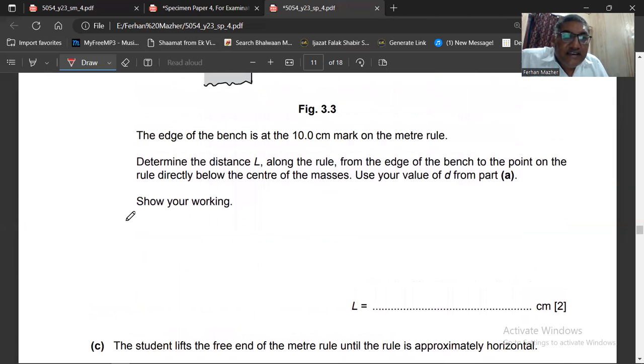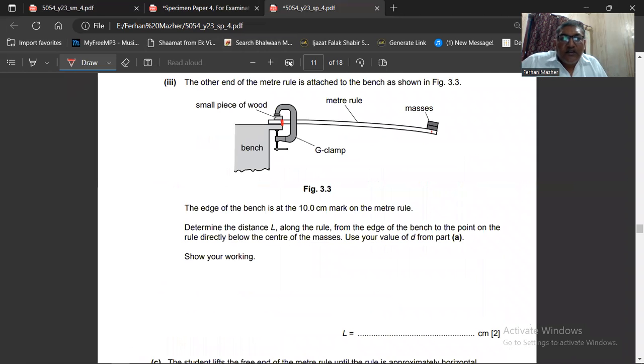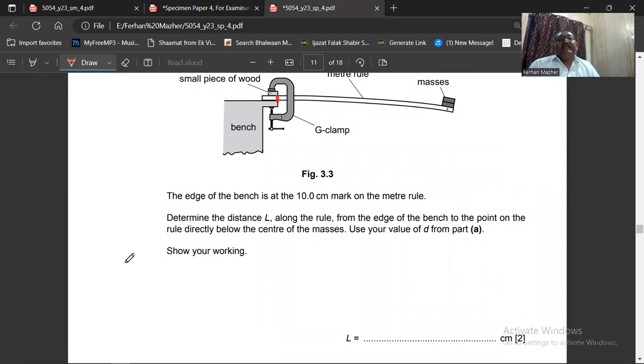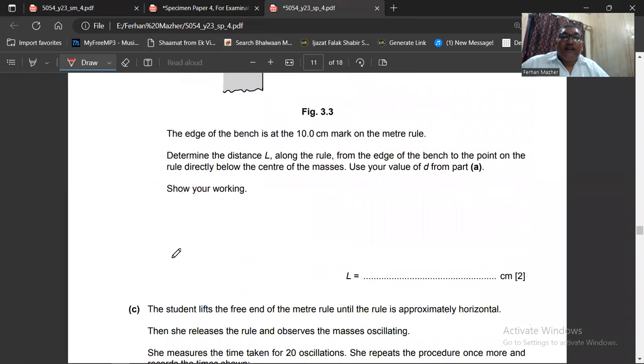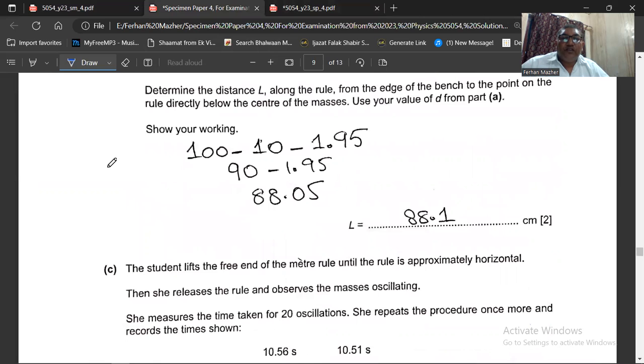He said determine the distance L along the rule. Let me read. He says determine the distance capital L along the rule from the edge of the bench to the point on the rule directly below the center of the masses. Use your value of the D from the part A. Show your working. Okay, so it's a 2 marks question. So here we go.